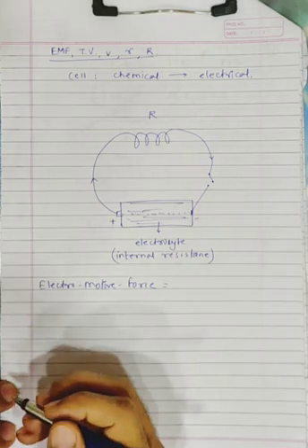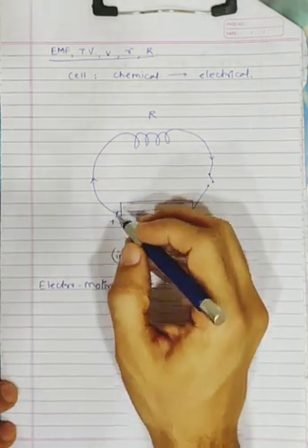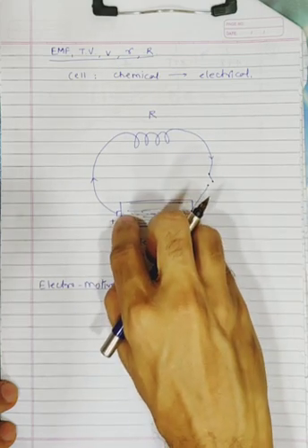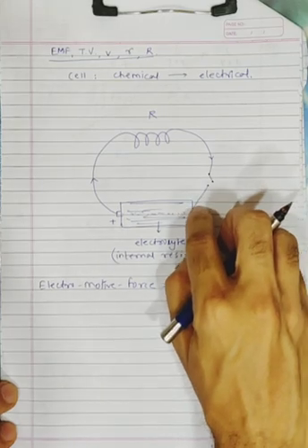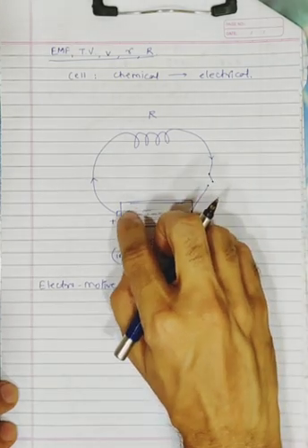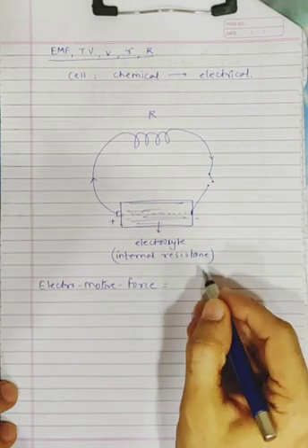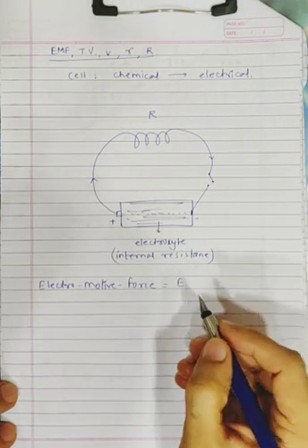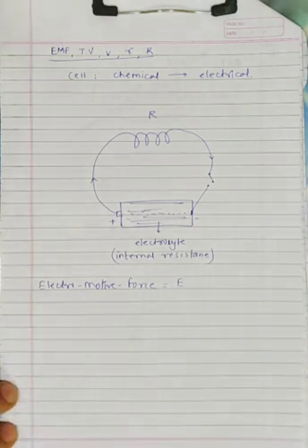Technically, it is the work done in moving a unit positive charge in the external circuit as well as in the internal circuit, or outside the cell and inside the cell. Then it is called EMF. The symbol for EMF is simply capital E.